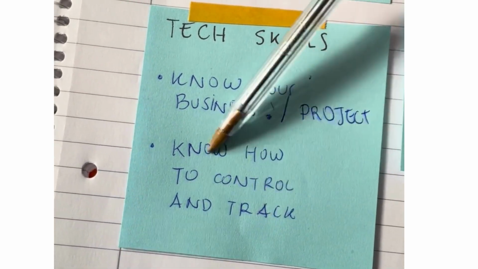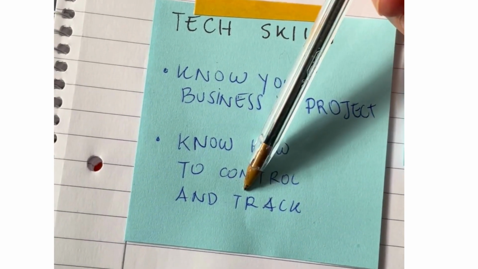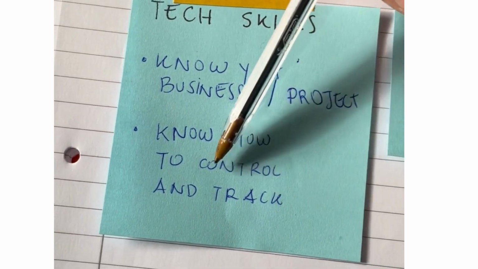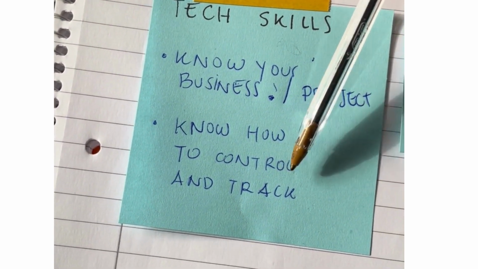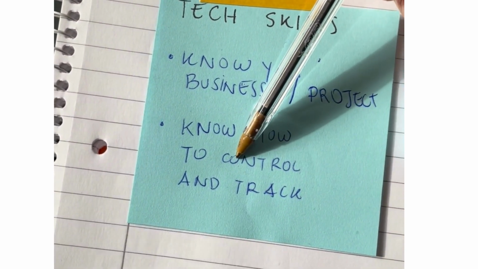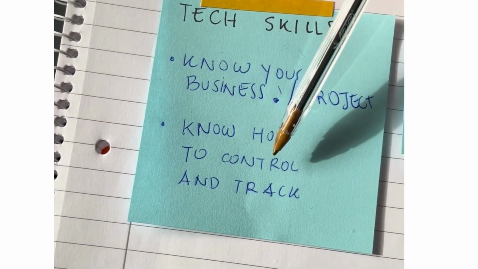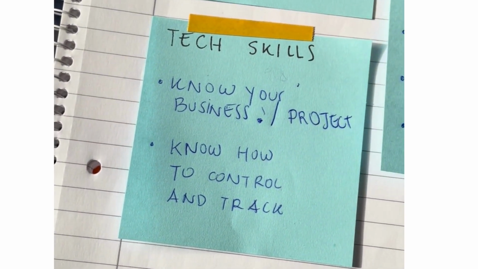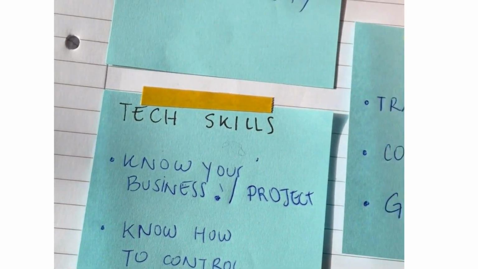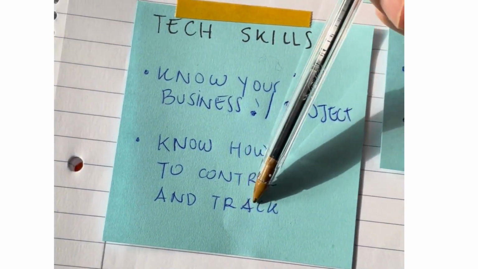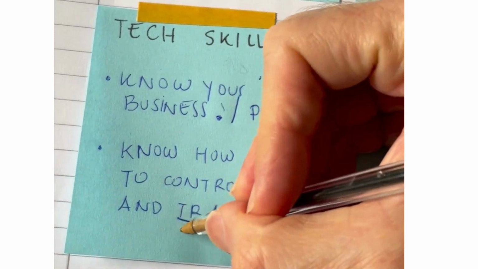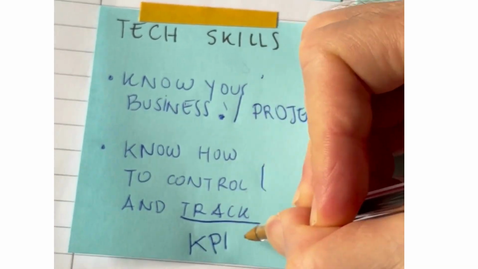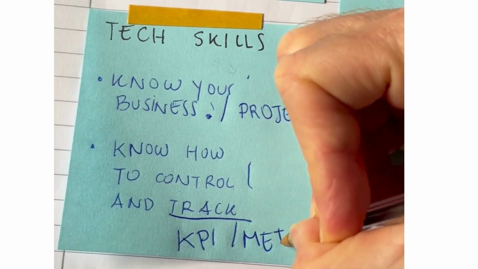Also, it's important to know how to control and how to track. And what I mean by control is not being a micromanager, but knowing how to control processes and different situations. Again, I go back to adaptability, but also, most important, tracking has to do with KPIs, or metrics.